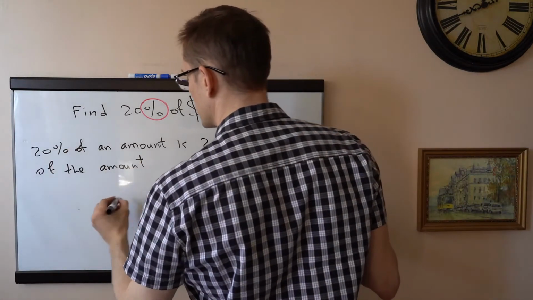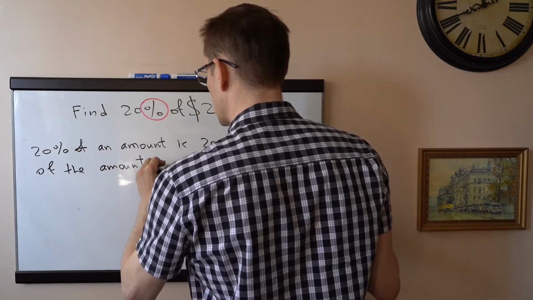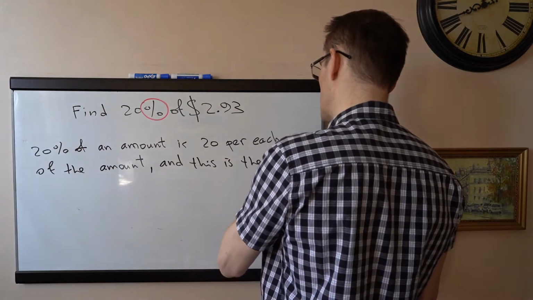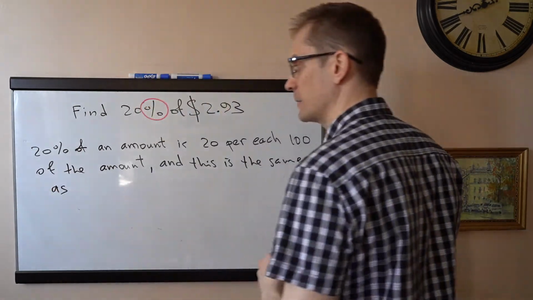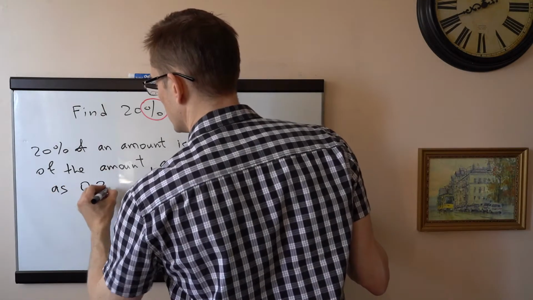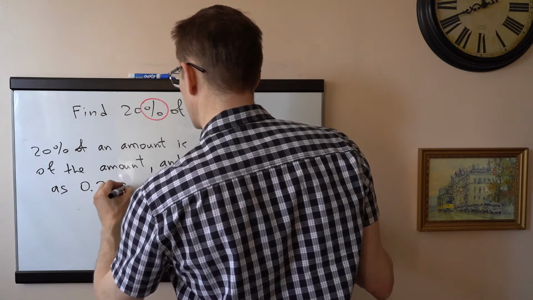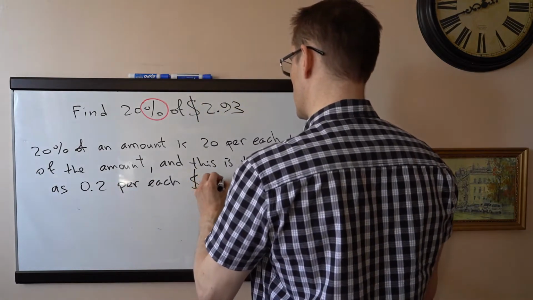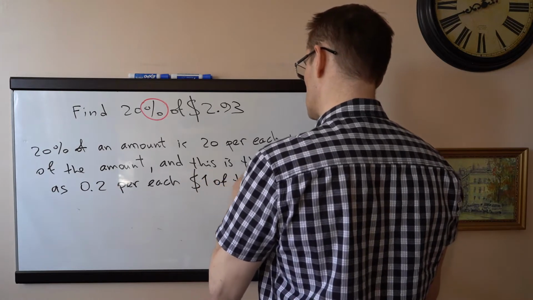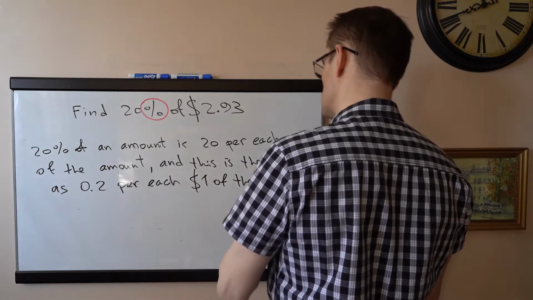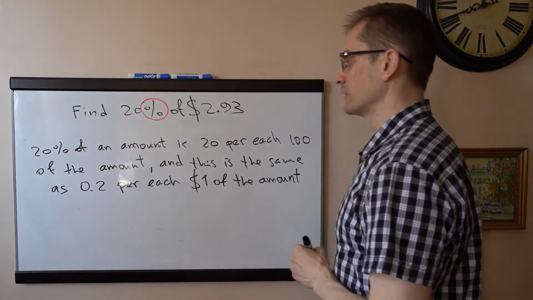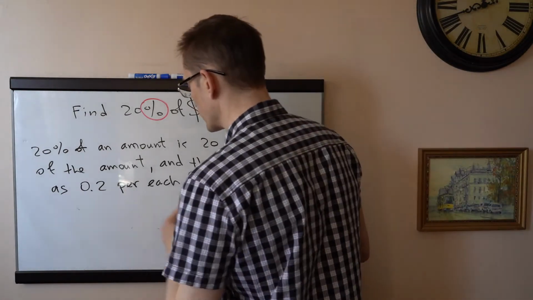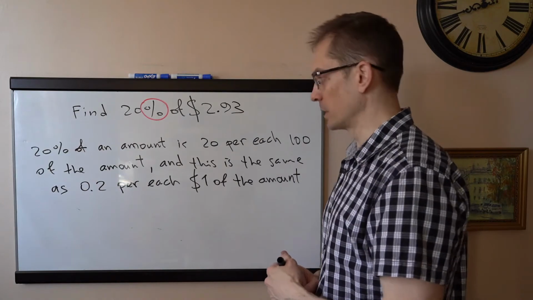But this is the same as 0.2 per each $1 of the amount. So 20% of an amount is 20 per each 100 of the amount. And this is the same as 0.2 per each $1 of the amount.